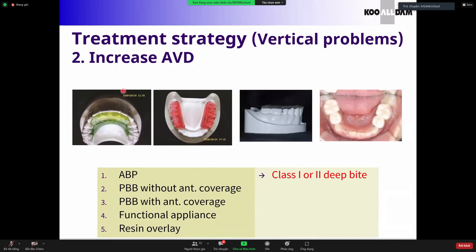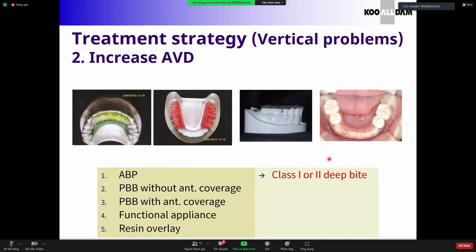Second factor, the treatment strategy is to increase anterior vertical dimension. The following appliances can be used. First, anterior bite plate. However, this appliance can be used only in class 1 and class 2 deep bite.